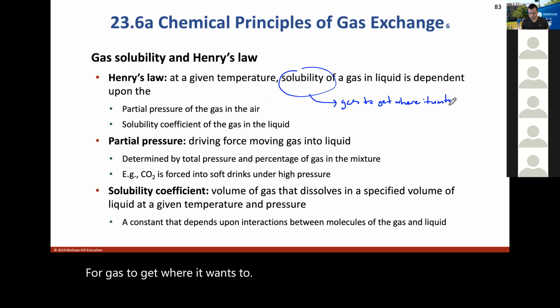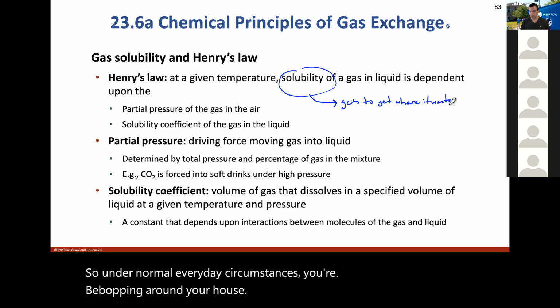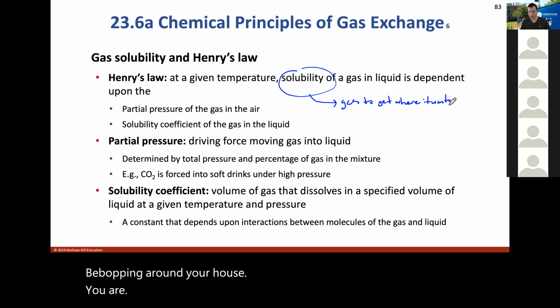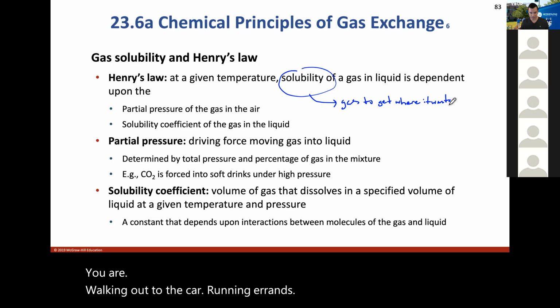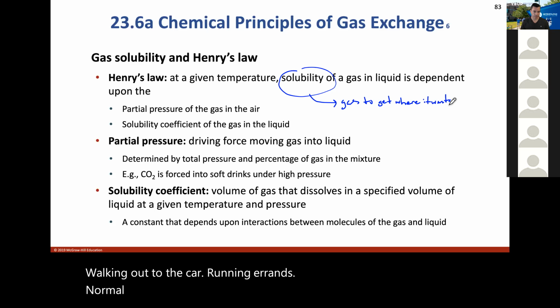So under normal everyday circumstances, you're bebopping around your house, walking out to the car, running errands, normal daily activities. This is constant.